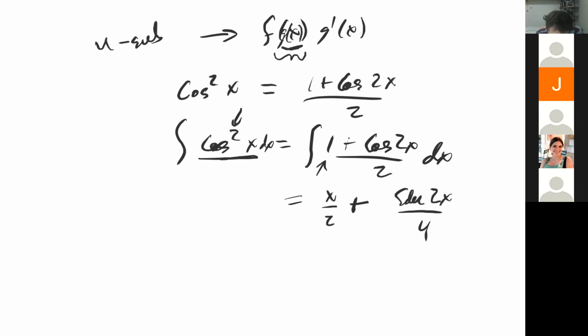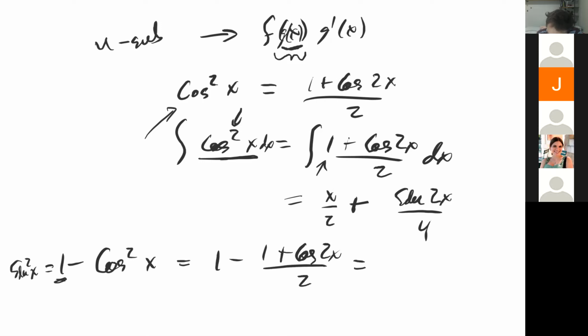The other one that's important: if cosine squared is given by this, we can find sine squared by subtracting cosine squared from 1. So that gives you 1 minus (1 plus cosine 2x) over 2, and that's just equal to (1 minus cosine 2x) over 2.